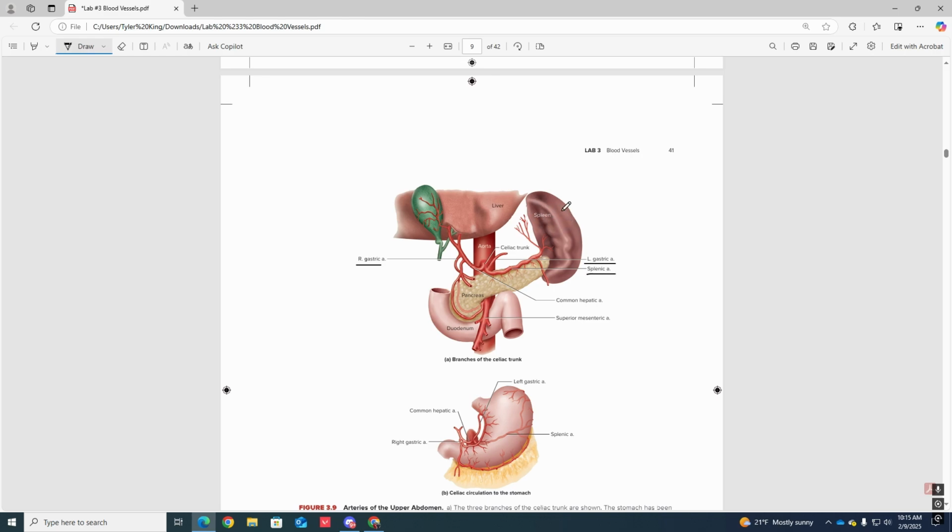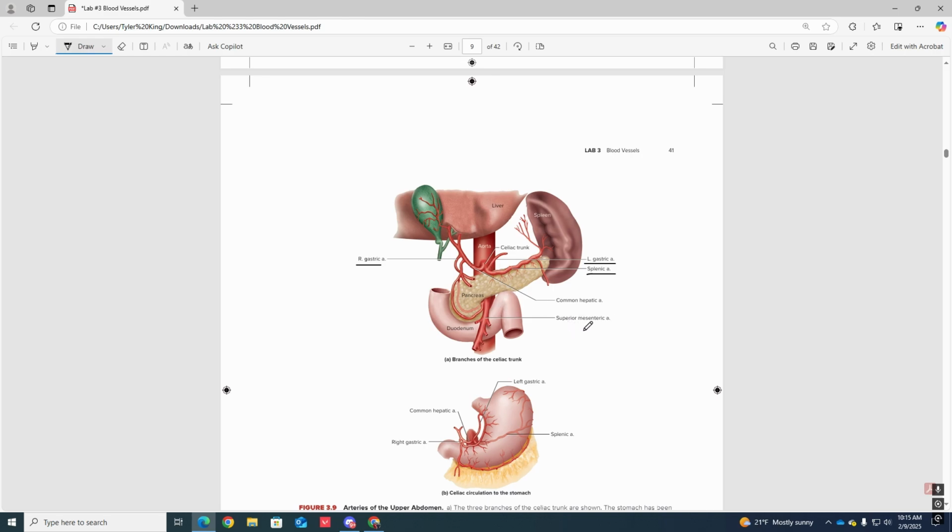And then we have the common hepatic artery, which is going up, supplying the gallbladder and also the liver. So the big vessels here are left and right gastric, splenic, common hepatic, all going up, supplying these guys here.